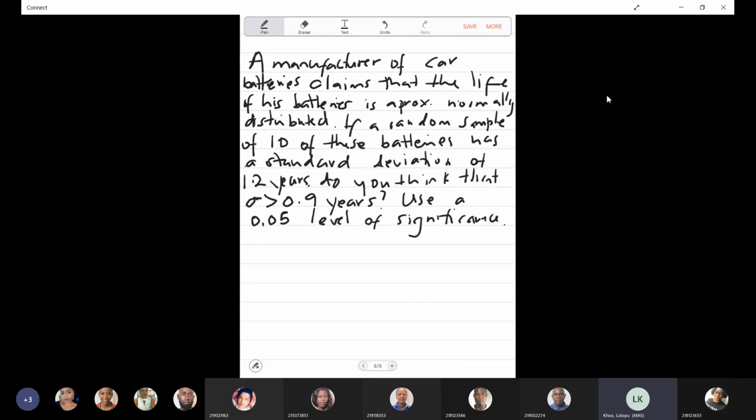So first thing we need to do, step 1, is our hypotheses. We say that H naught is always that sigma is equal to whatever is claimed. So here the hypothesized value is 0.9, so my null hypothesis is just that sigma is equal to 0.9.